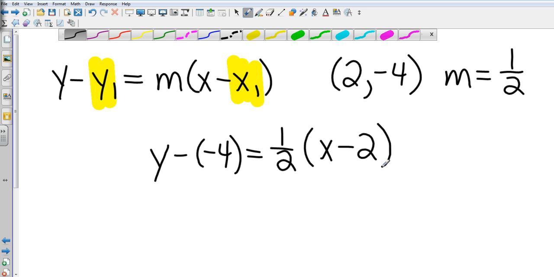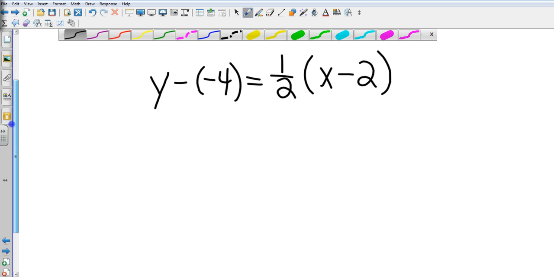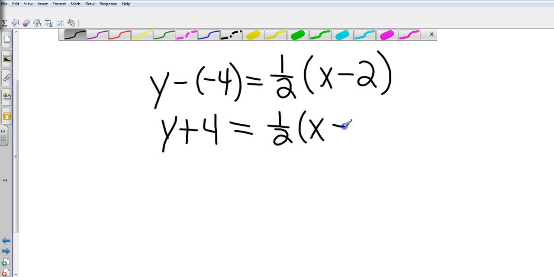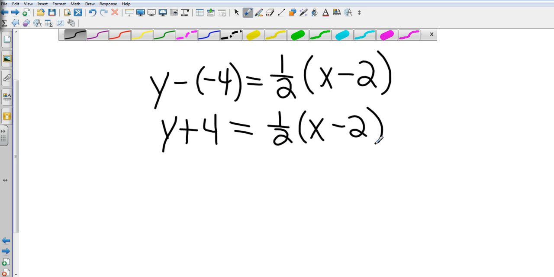Now, notice we have a minus minus on the left-hand side, so that's going to change that to plus. Then we just leave this 1/2 times x minus 2. That is point slope form.